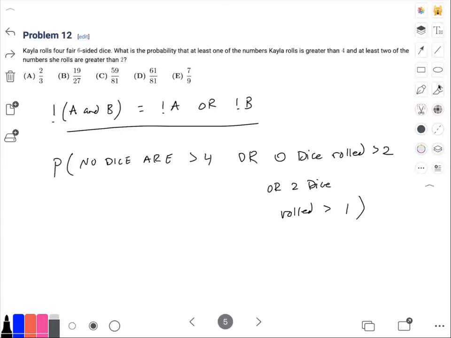This is basically the hard part of the problem, and now it's just plugging it in. We need to compute this probability and then do 1 minus that.